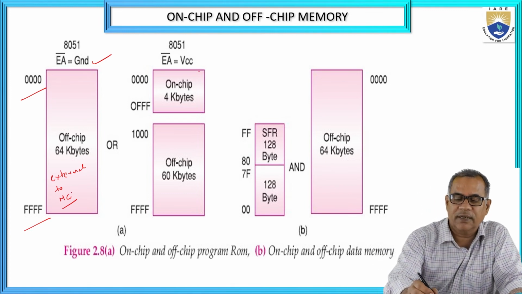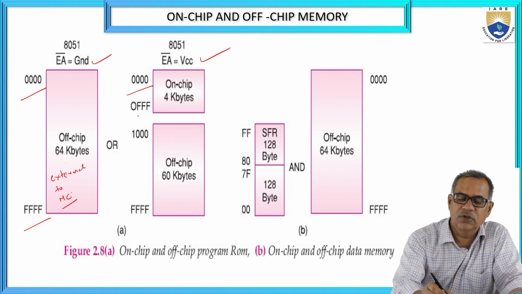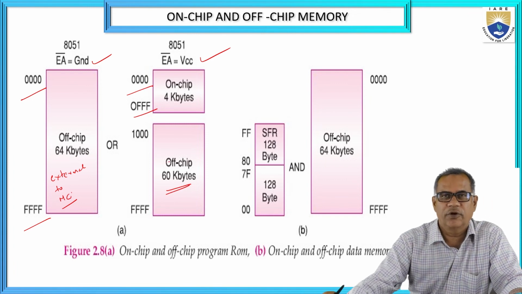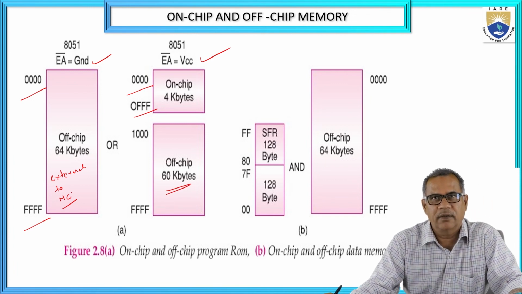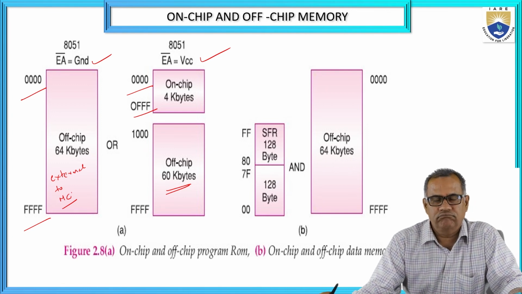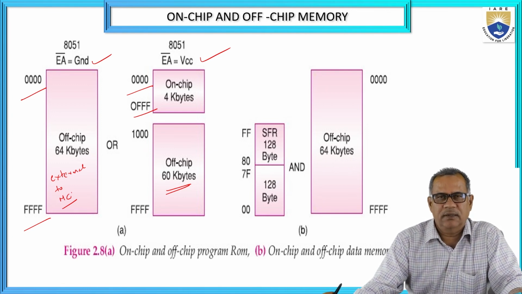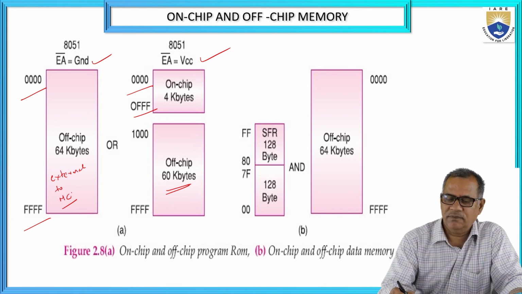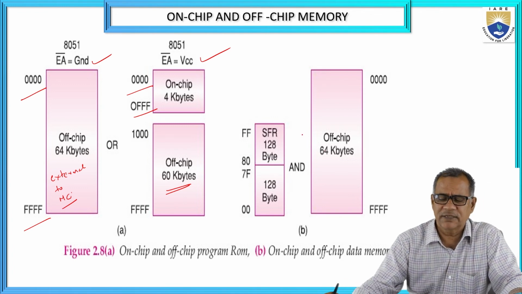But if EA bar is connected to VCC, 4 kilobytes of internal ROM is used in the address range 0000 to 0FFFH. And from 1000H to FFFFH, 60 kilobytes is going to be the off-chip ROM. And as far as data applications, we have a total of 256 bytes.